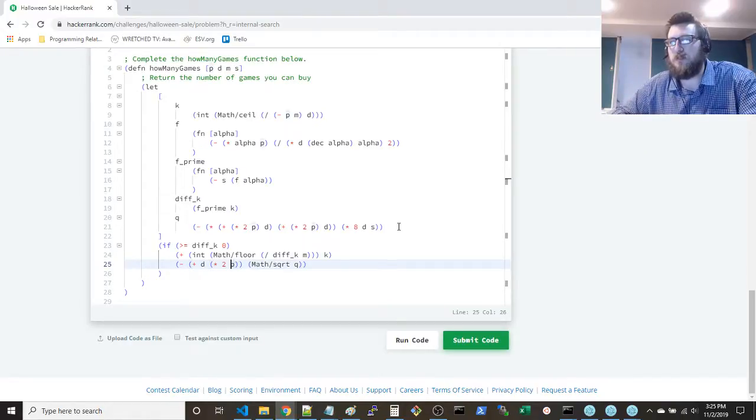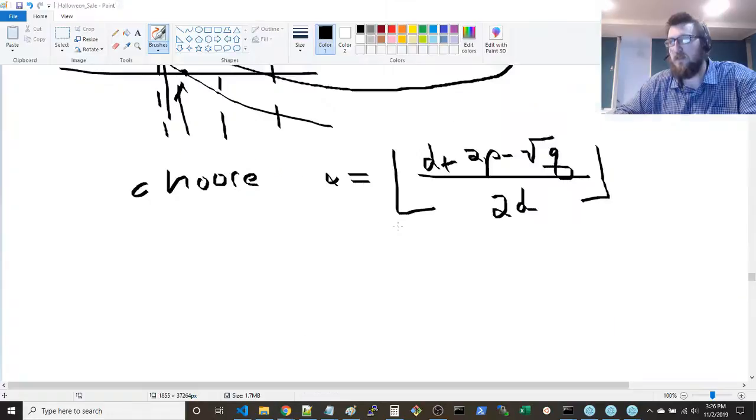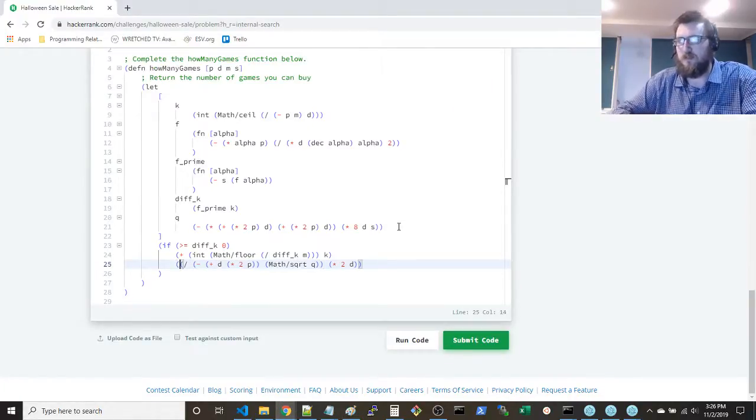So 2 times p plus d minus the square root of q divided by 2 times d. And then it's going to take the floor and make an int out of that. And that's it.